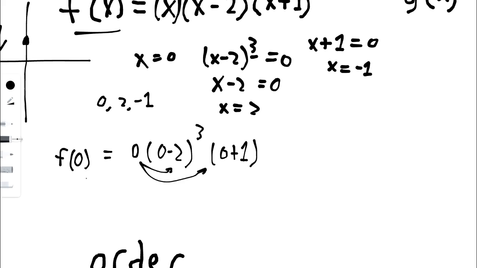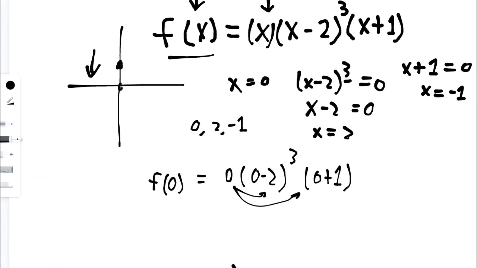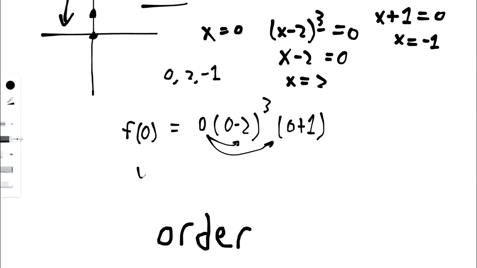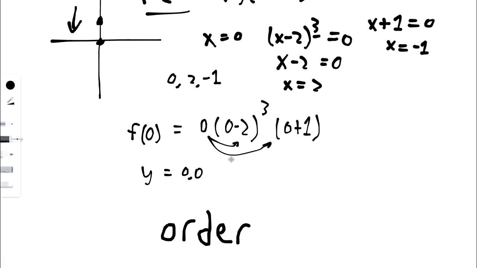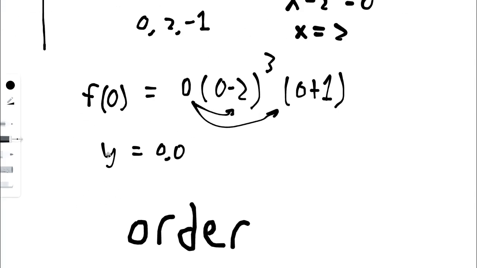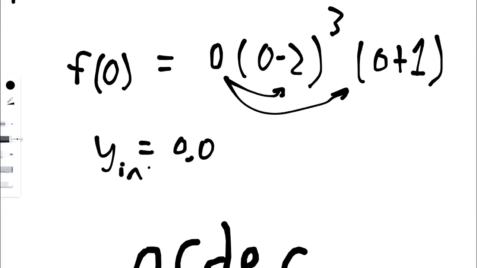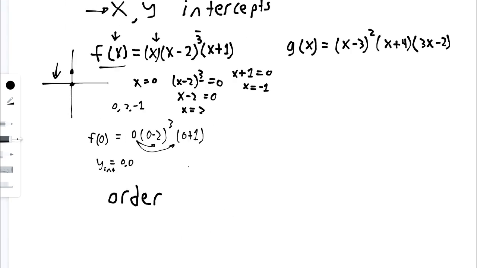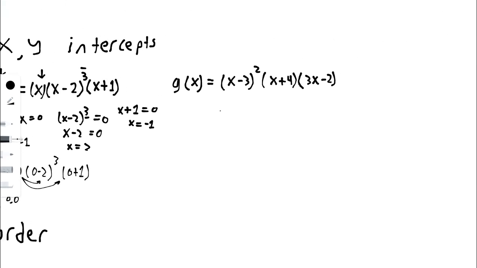So it just results as 0. So y-intercept is equal to 0, 0. So an x-intercept and y-intercept, they can be the same thing. Actually, here I'll write y-intercept. There we go.